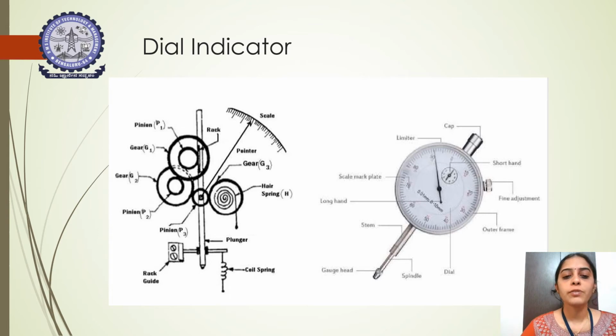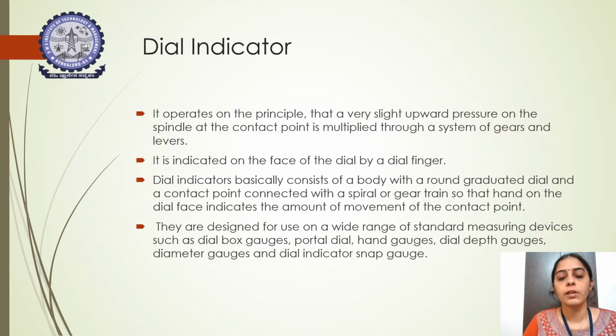I hope you are very familiar with the rack and pinion mechanism, which helps in movement with respect to the rack and the pinion, with engaging of gear 1 and gear 2 respectively. So this was about how a mechanical comparator works.